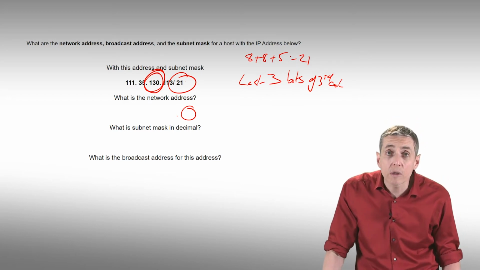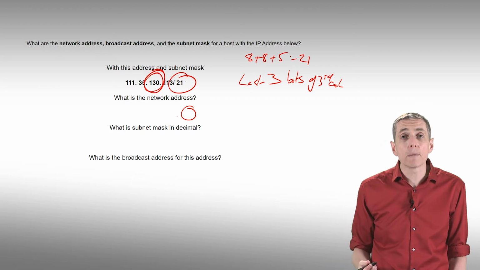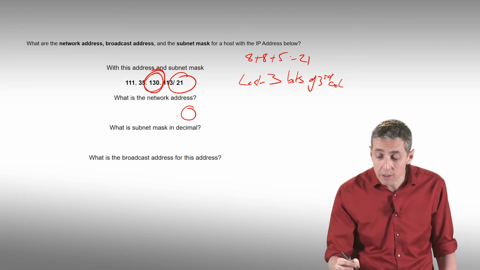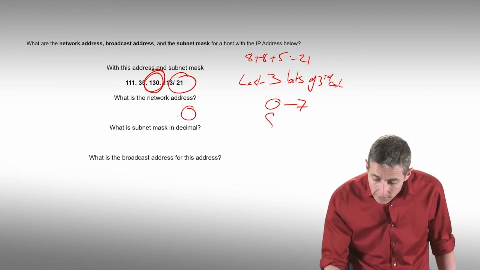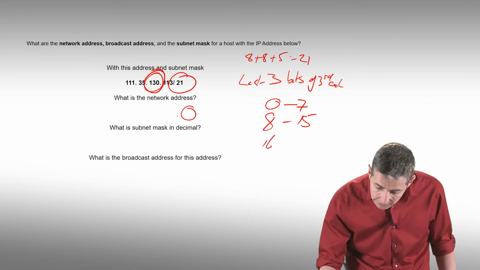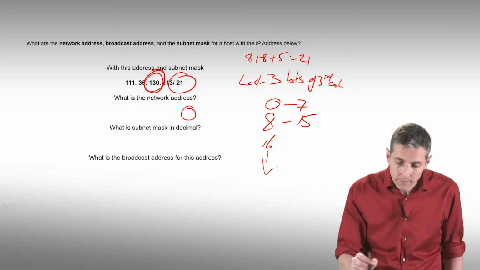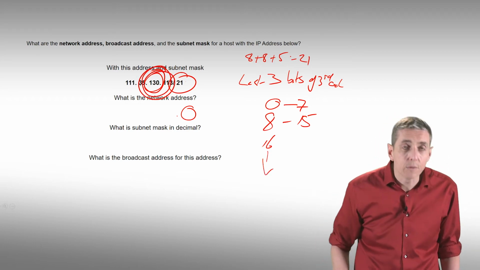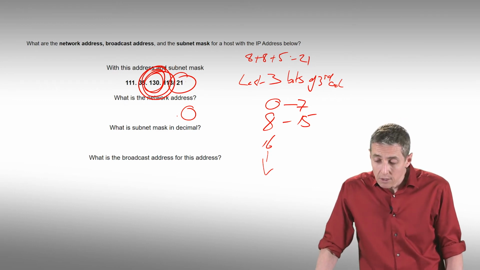And now we know with 3 bits, how many combinations can we possibly have? Well, we're going to go 2 to the 3. We know we're going to go 0 to 7, and then 8 to 15, 16, all the way down. Now, when do we stop? When we have this value included. When this value is in one of those ranges. So let's just jump ahead.